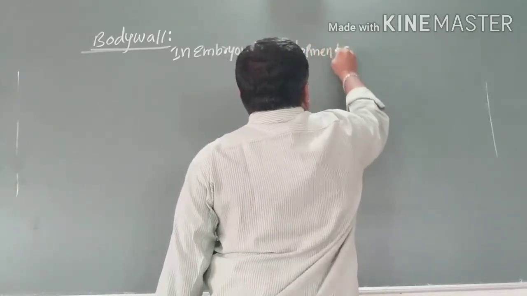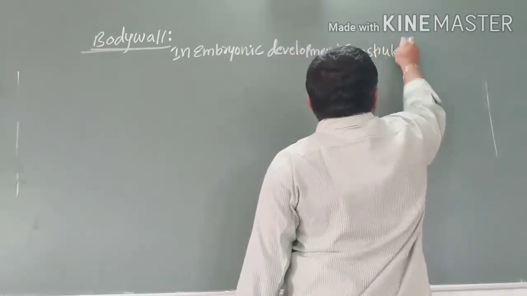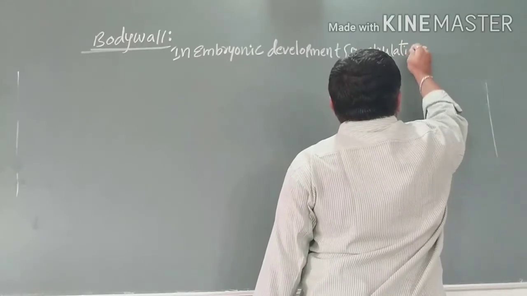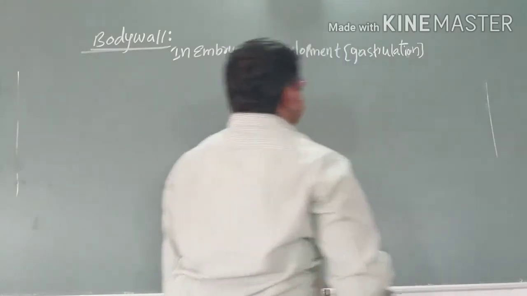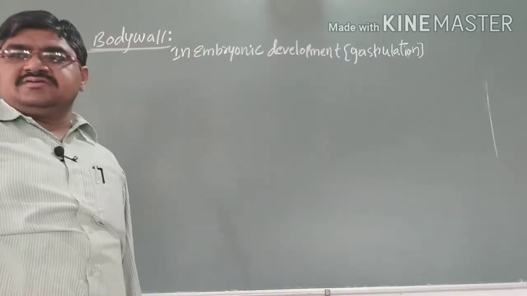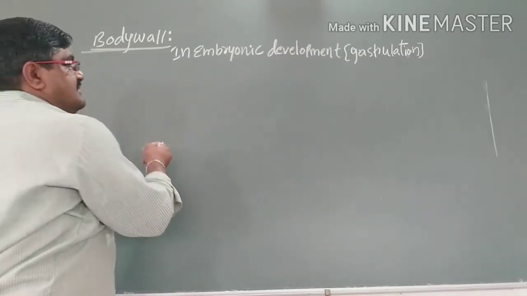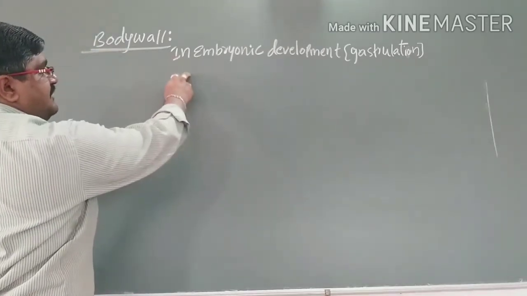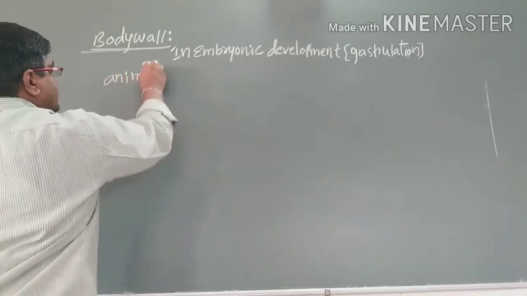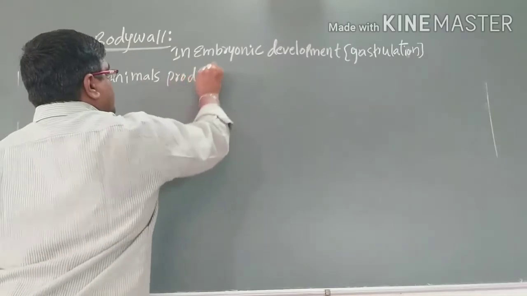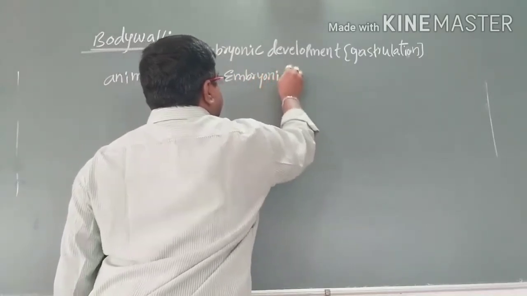In embryonic development, that is gastrulation, most animals produce embryonic tissue layers.